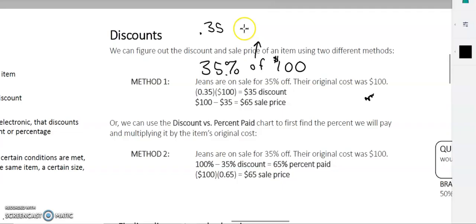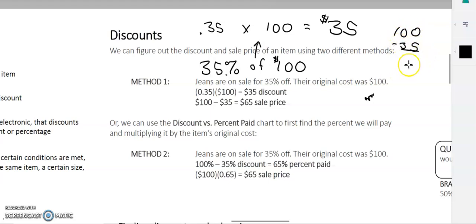And I can change "of" to times. 35% of 100, I put that in the calculator and I get 35. So that's $35. That's the discount. $100 minus $35 means I'm paying $65 for those pants.